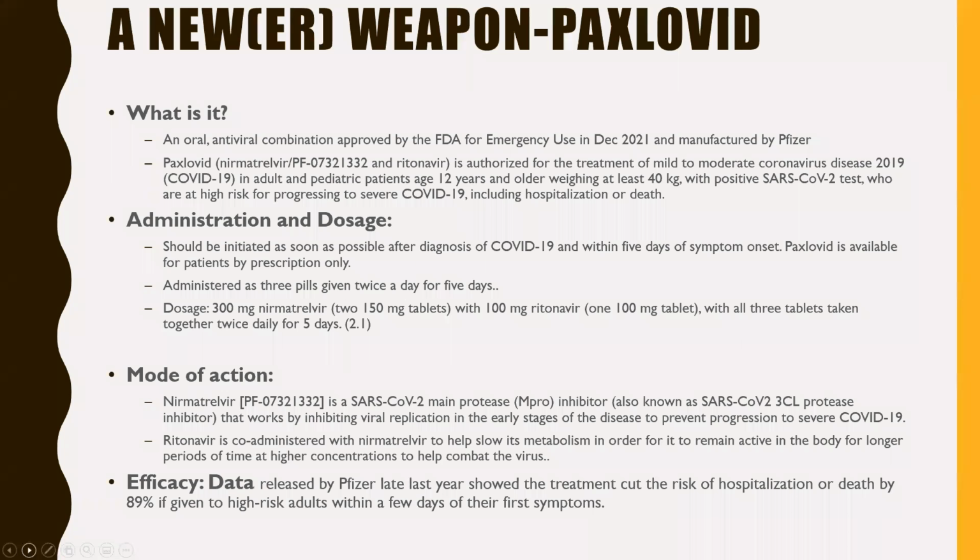This was released by Pfizer. In order to get the medication approved for emergency use, you still need to show data. It can't be done on a whim. So, Pfizer basically produced data that showed that treatment with Paxlovid cut the risk of hospitalization or death by almost 90%. The one footnote, if you will, is that patients who take Paxlovid often have to be taken off other medications, particularly cardiac medications.